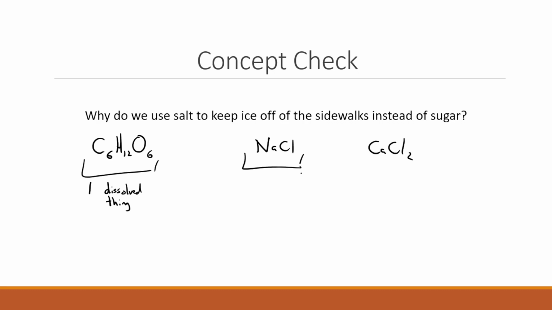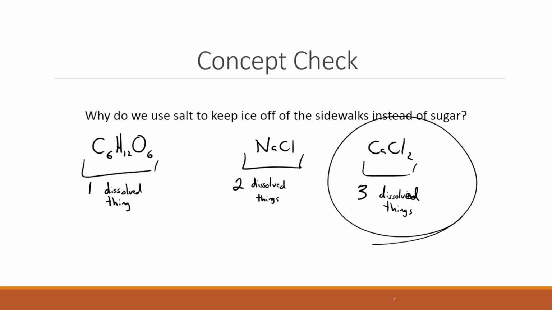Whereas if we use an ionic compound, they're going to break apart into ions and be better at doing what the sugar is doing. Right? 3 dissolved things per mole, that's way more effective than 1 dissolved thing per mole. You get the same effect much quicker when you use salt.